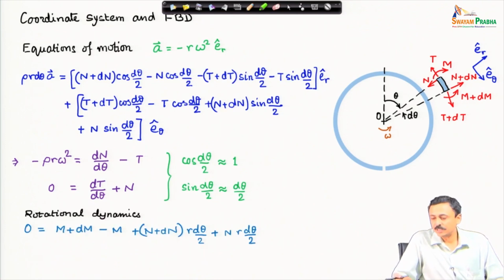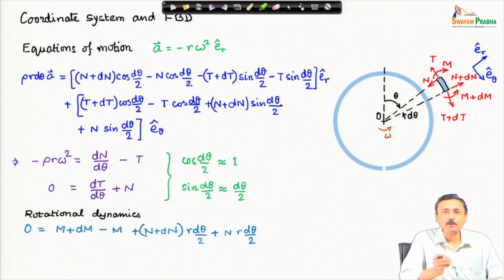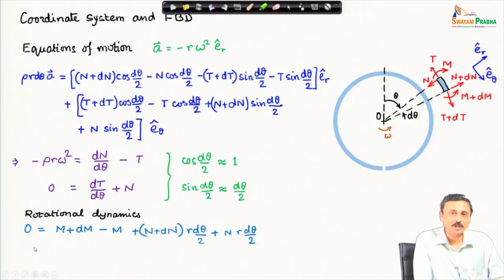Rotational dynamics equation: this element is a very small element and its angular acceleration is 0. Why is its angular acceleration 0? Because the ring is rotating at a constant angular velocity. Therefore, the moment of inertia of this element times angular acceleration is 0.